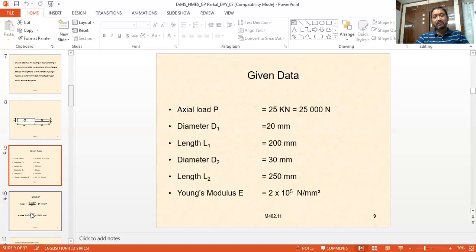Diameter at section 2, D2, is equal to 30 millimeters. Length at section 2, L2, is equal to 250 millimeters. And Young's modulus is given for the material as 2 into 10 power 5 newtons per square millimeter.